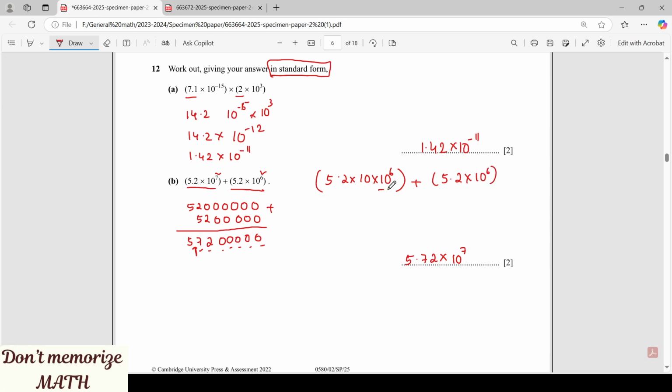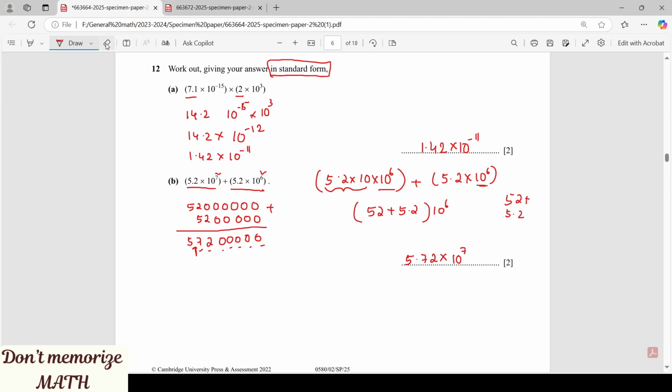Now you can see 10 raised to 6 is common here, right? So we'll take 10 raised to 6 outside. Then what is inside? Inside we have 5.2 times 10, which is 52, plus 5.2.